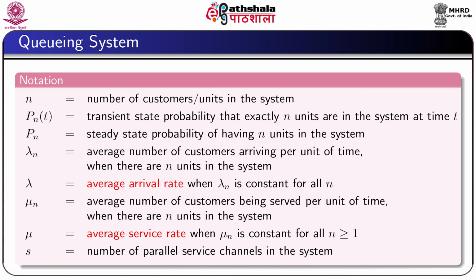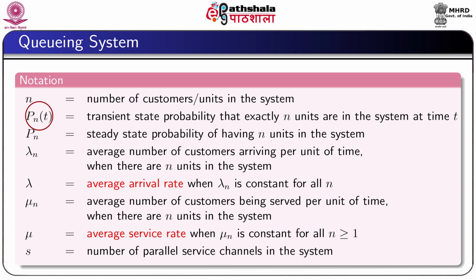We will now introduce some notations which will be used in developing queuing models. N we define as the number of customers or units in the system.